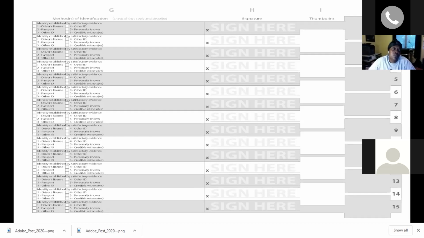What else we got? I had a question along those same lines. When you're filling out your notary journal, like this happened to me the other day, I was doing a signing and I forgot to give them my journal. Can you just write down their name just to note that they were there if you didn't get a chance to give them your journal to sign?